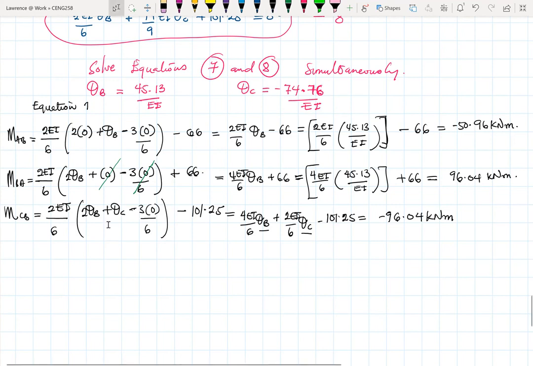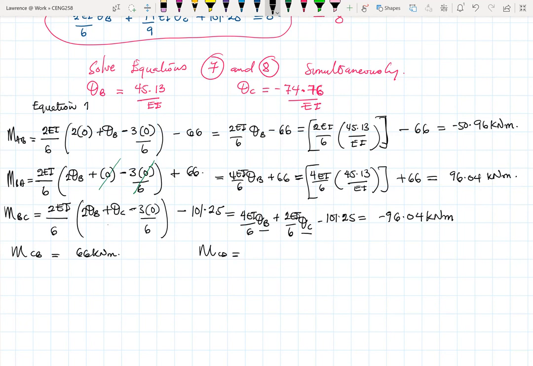All right. So then we do for MCB. Sorry, this should have been MBC, not MCB. So this is MBC, and then for MCB we'll do something very similar and we'll end up with 66 kilonewton meter. MCB and MCD should have the same answer, but negative.